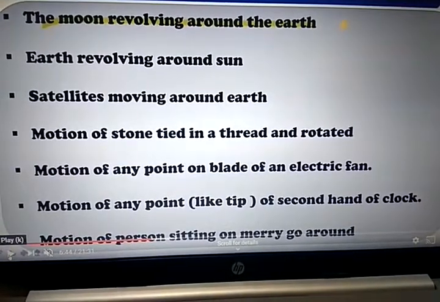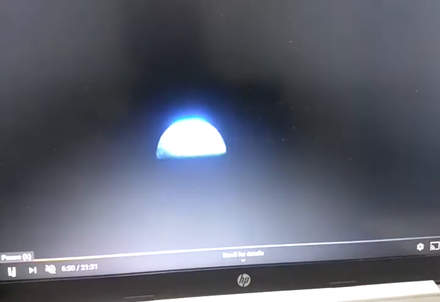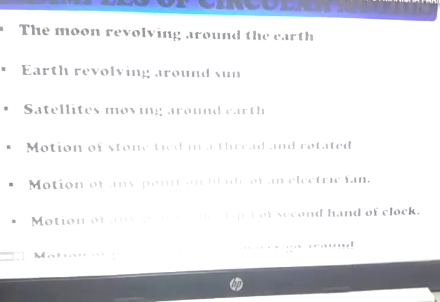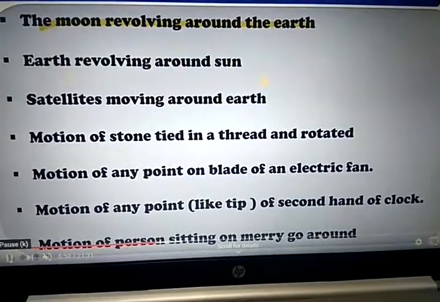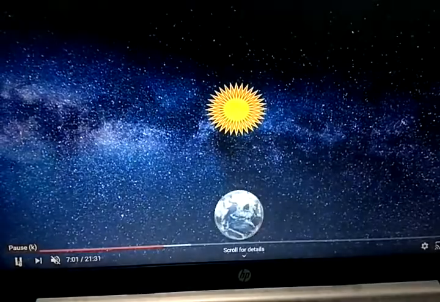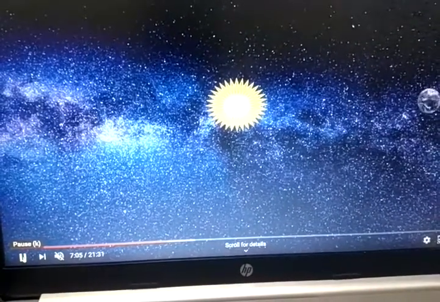Here the earth revolving round the sun, circular motion.